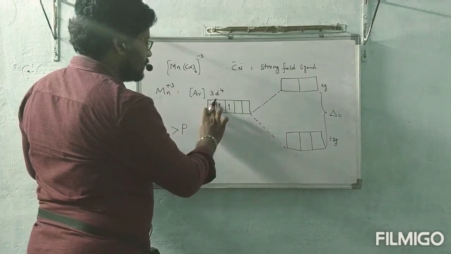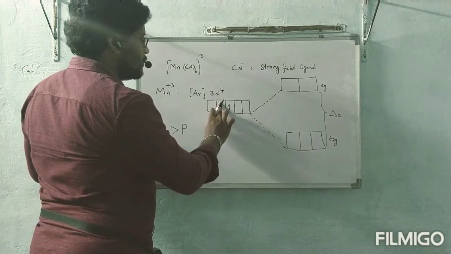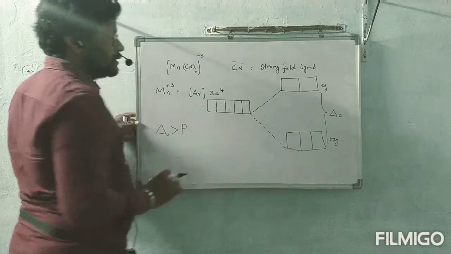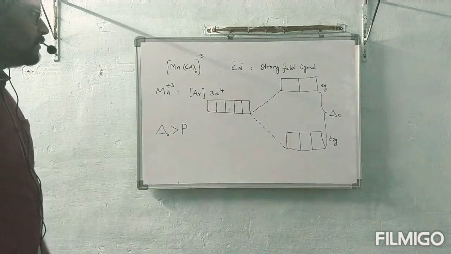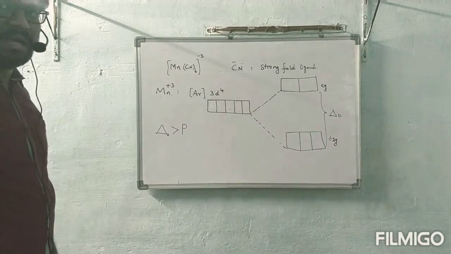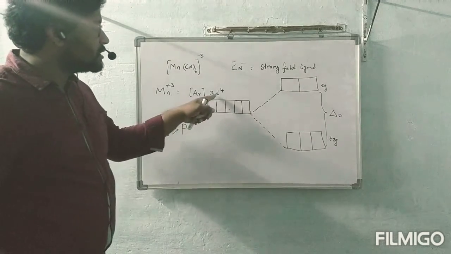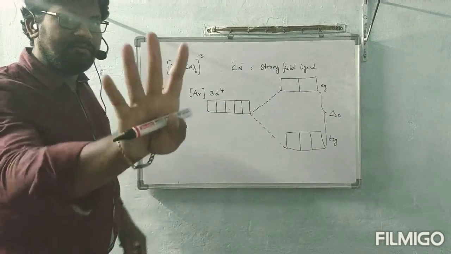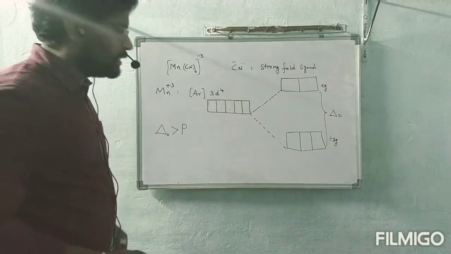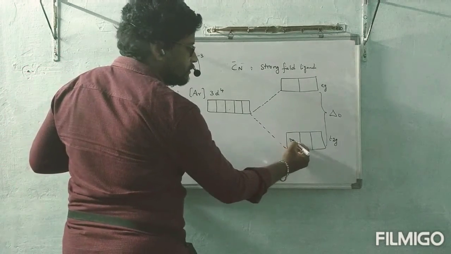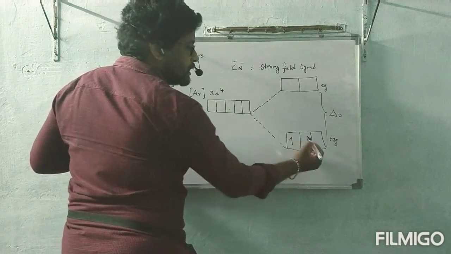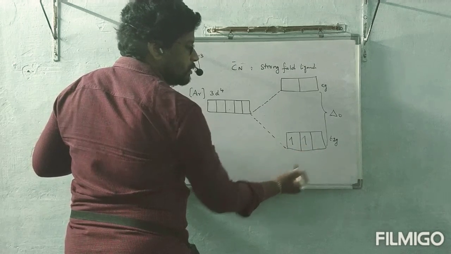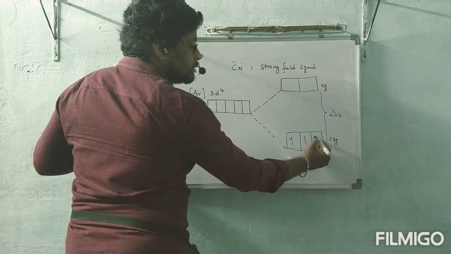See, this is the data we have. CN- is a strong field ligand. How many electrons are present in 3d? 4 electrons. Now the first electron, the second electron, the third electron.